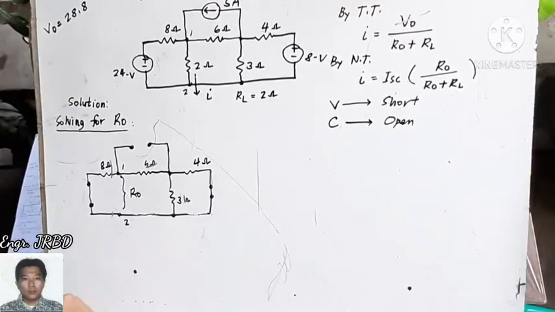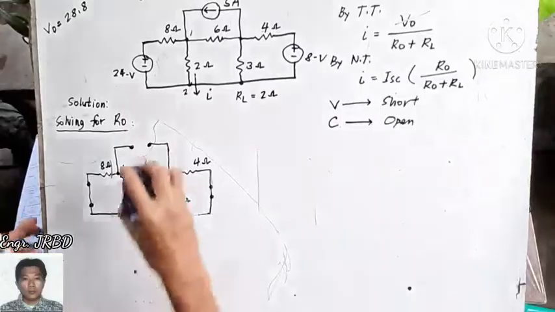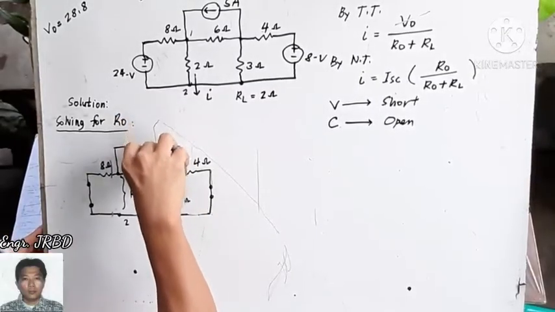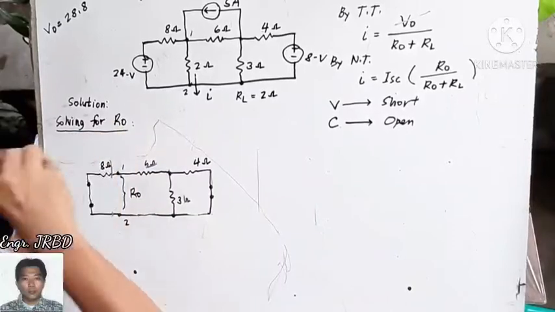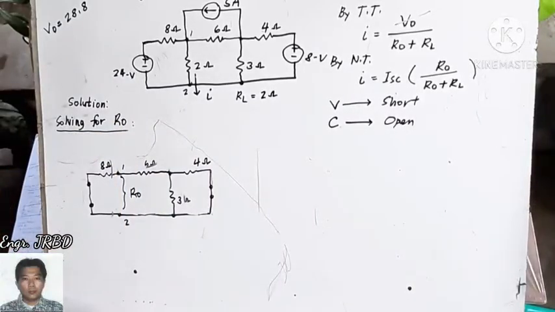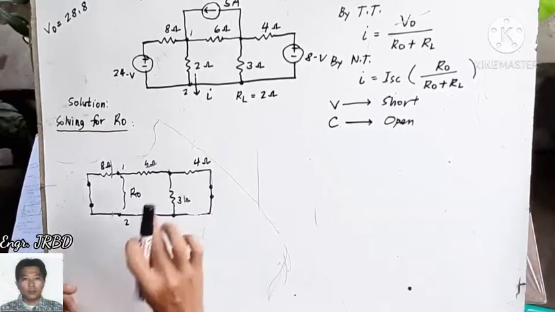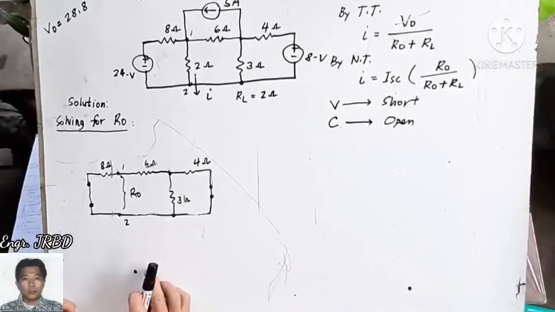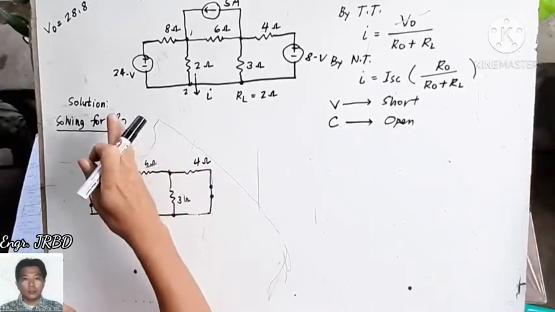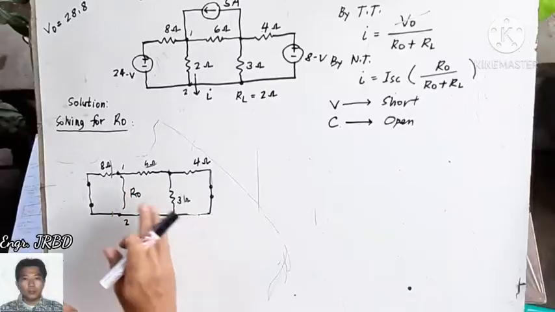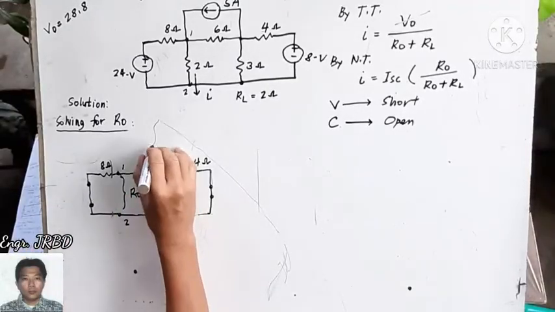Okay. For easy analysis, let us just remove this excess terminal and recognize how these points are all related. Okay? 4 and 3 are in parallel. This parallel group is in series with 6 ohms. This series parallel group is in parallel with 8 ohms.